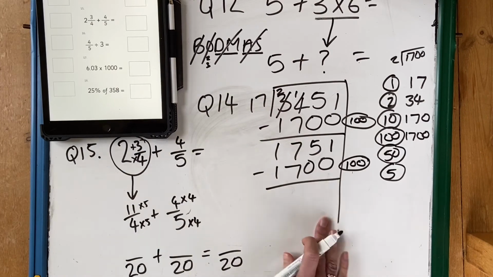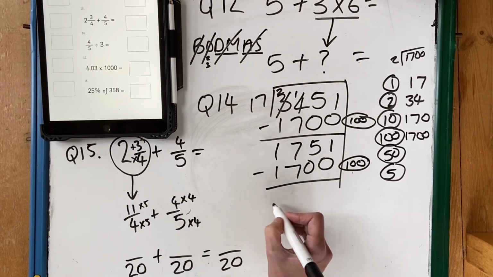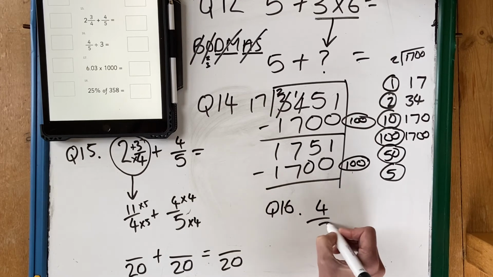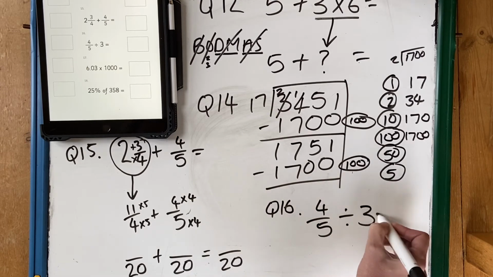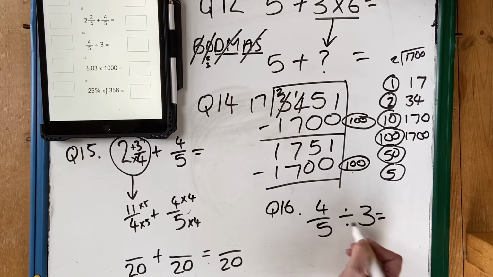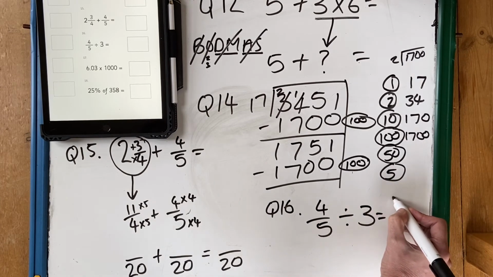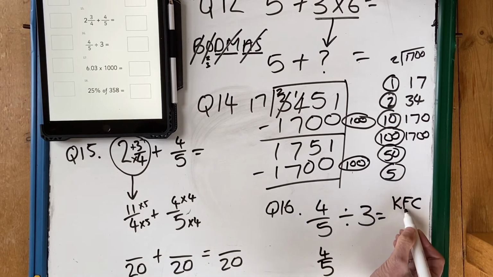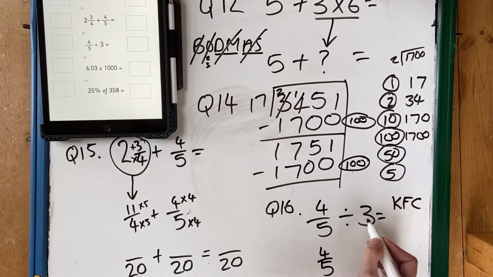Question 16. 4/5 divided by 3. Because we're dividing fractions here, we have to apply what we've been learning in class, KFC. It's where we keep the first fraction, 4/5. We flip the second fraction, so this is 3/1.